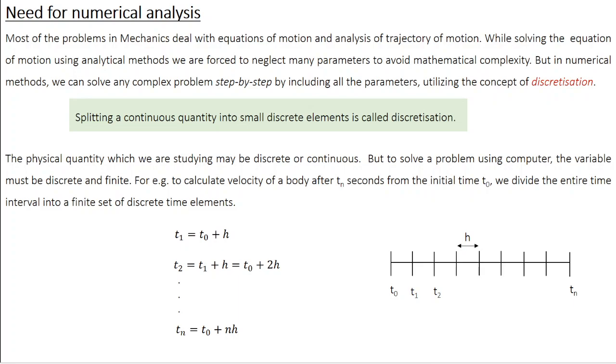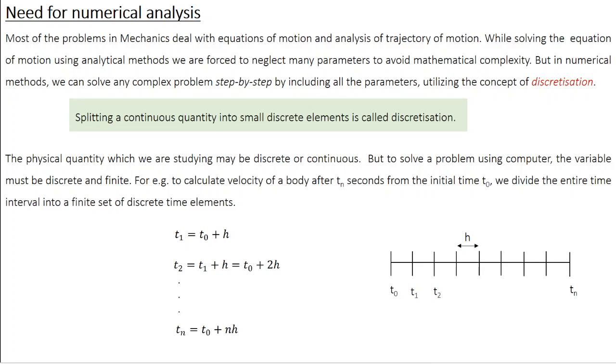Now when you are studying a physical problem, the physical quantity under study could be discrete or continuous. For example, if you are studying the motion of a simple pendulum, here both the position as well as the time are continuous parameters. On the other hand, if you are studying the energy levels of an atom, the energy levels are discrete.